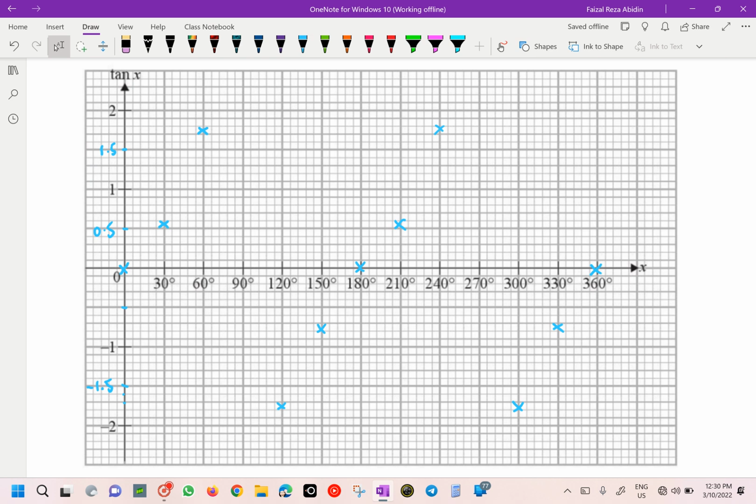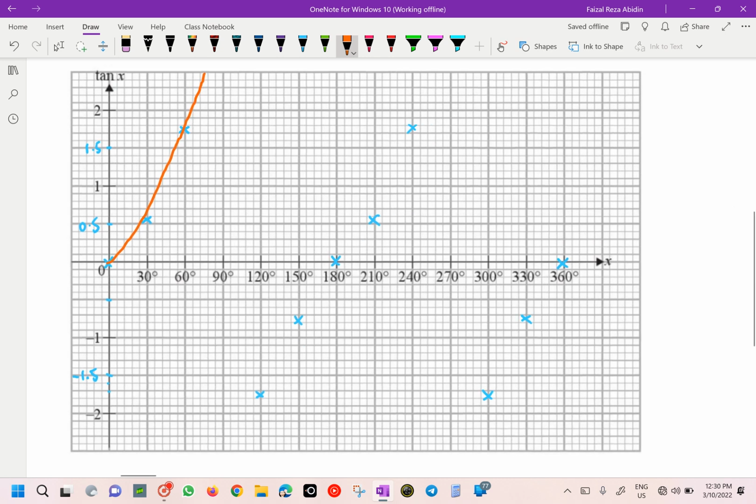Okay, so we are going to have this one also from below go up here, down here to here.